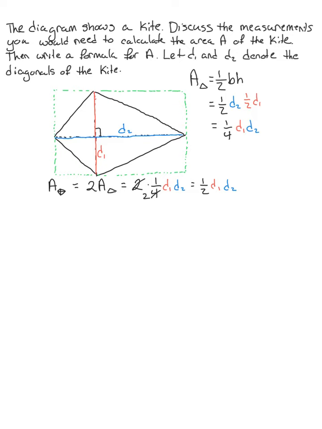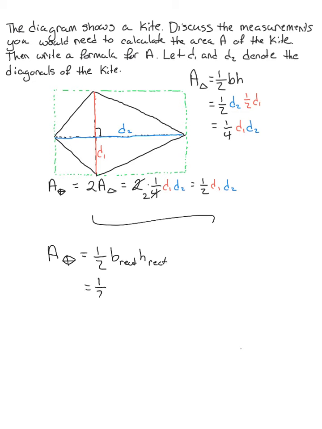So the second way we can do this is the area of the kite is going to be 1/2 the base of the rectangle times the height of the rectangle.